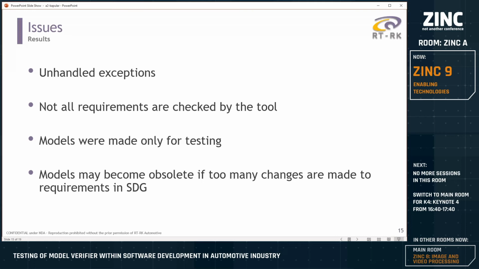And also due to the fact that the models we made were made for a very early version of the tool, this means they may become obsolete for future testing as changes are made.